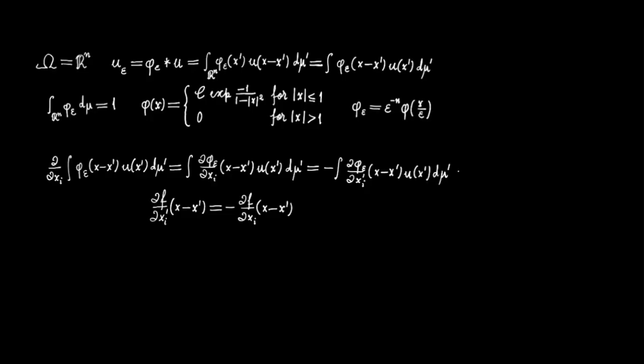And now we can use the definition of weak derivative, which will give us that this is equal to the integral of phi epsilon multiplied by the weak derivative of u with respect to x prime i.